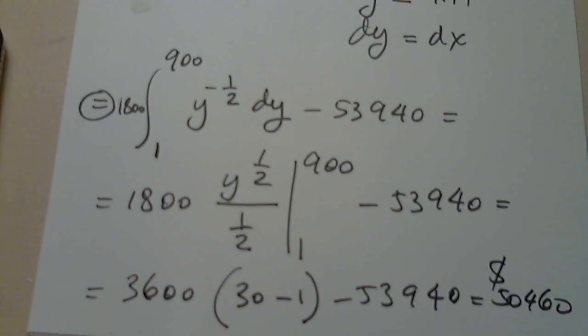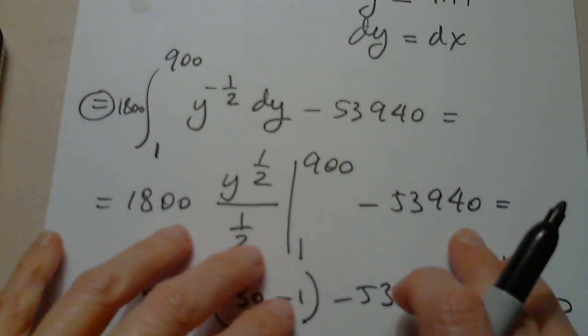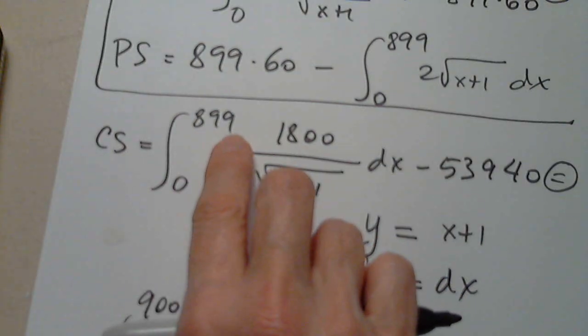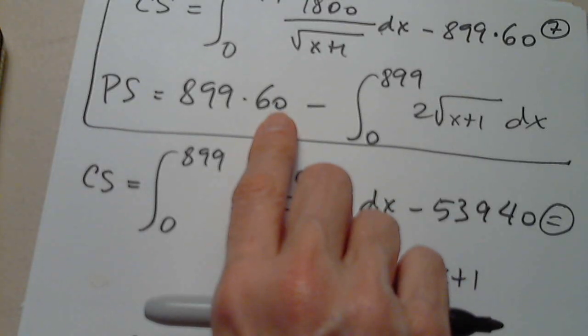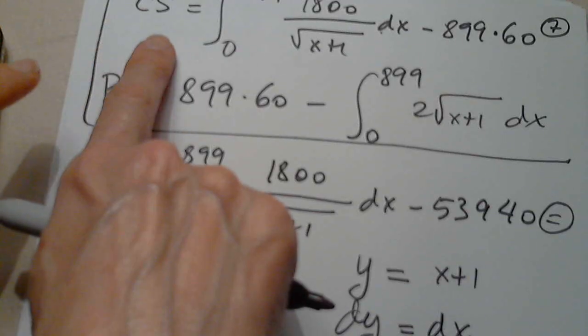This is the consumer surplus, when we purchase 899 units at the price of 60 per unit. Huge, right? Okay, so that's the consumer surplus.